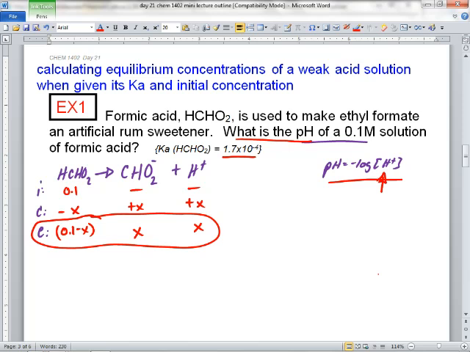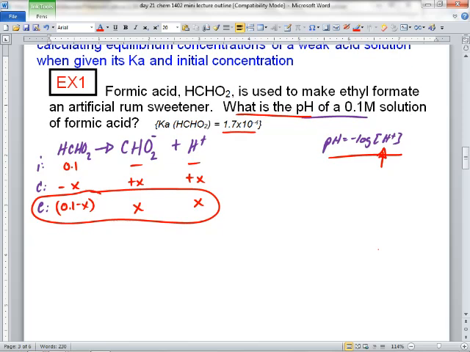Sylvia, there's got to be a way to do it. How are we going to get the X? Yeah. Ka, you have to use it. Ka is going to be what over what you're going to write? Product over reactant. So what would you write?